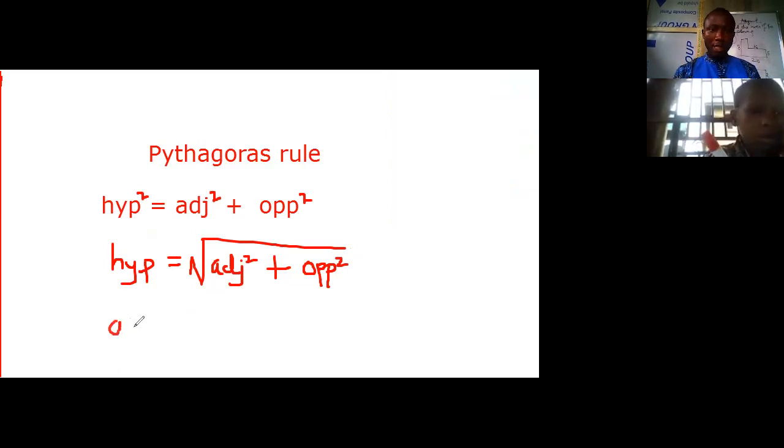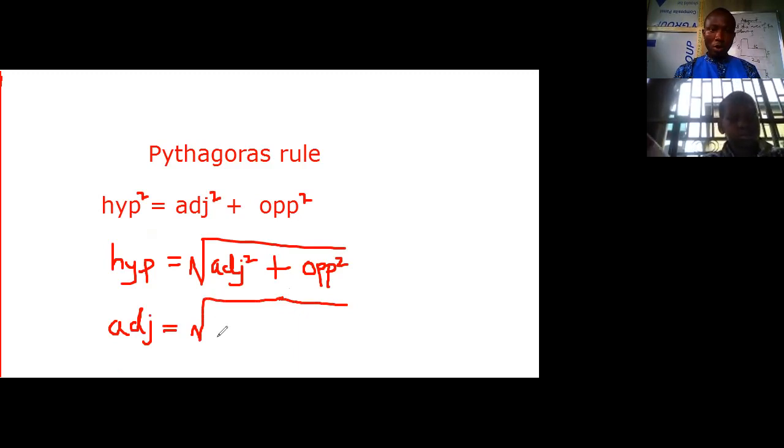If we are looking for adjacent, only adjacent is equal to square root of hypotenuse squared minus opposite squared.